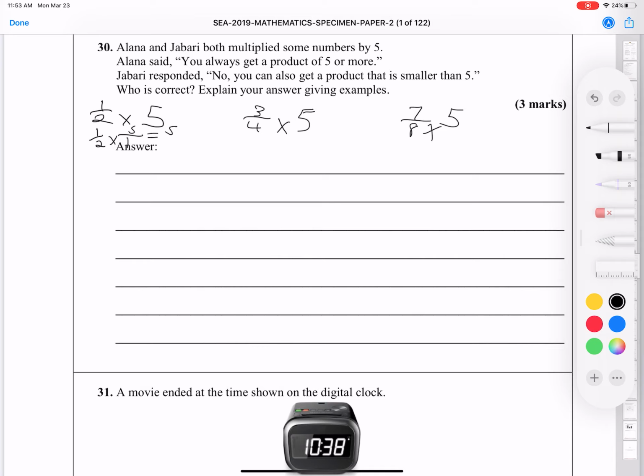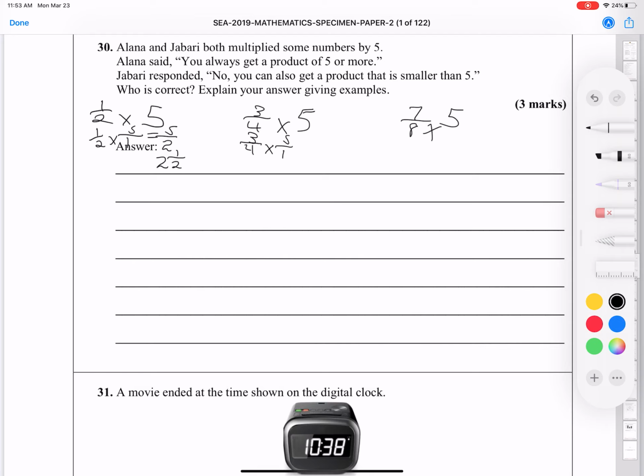That's an improper fraction, which we can change to a mixed number. 2 into 5, 2, remainder 1. Alright. 3/4 by 5. 3 5s are 15. 4 ones are 4. That's 15 over 4.